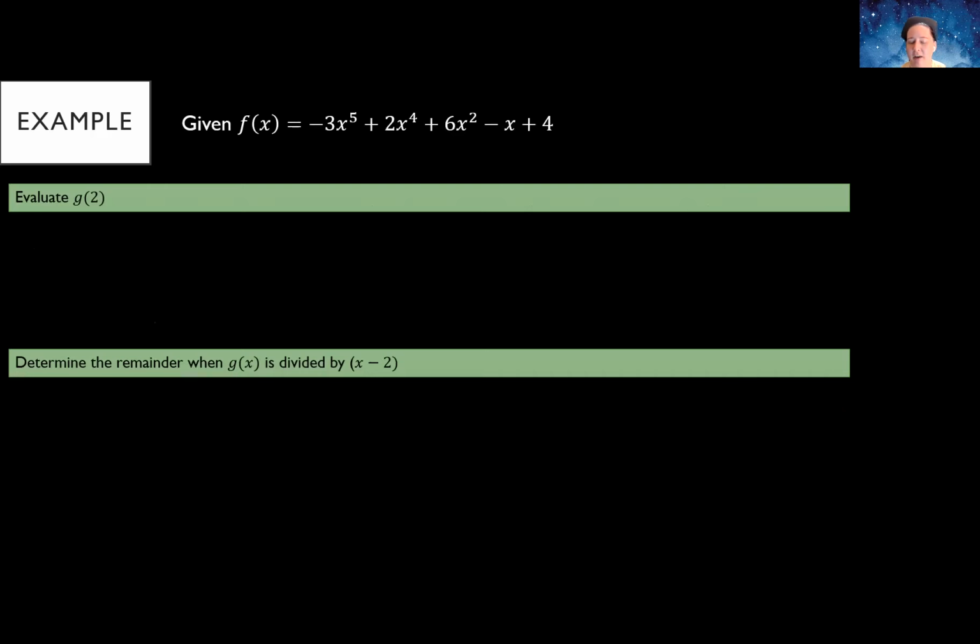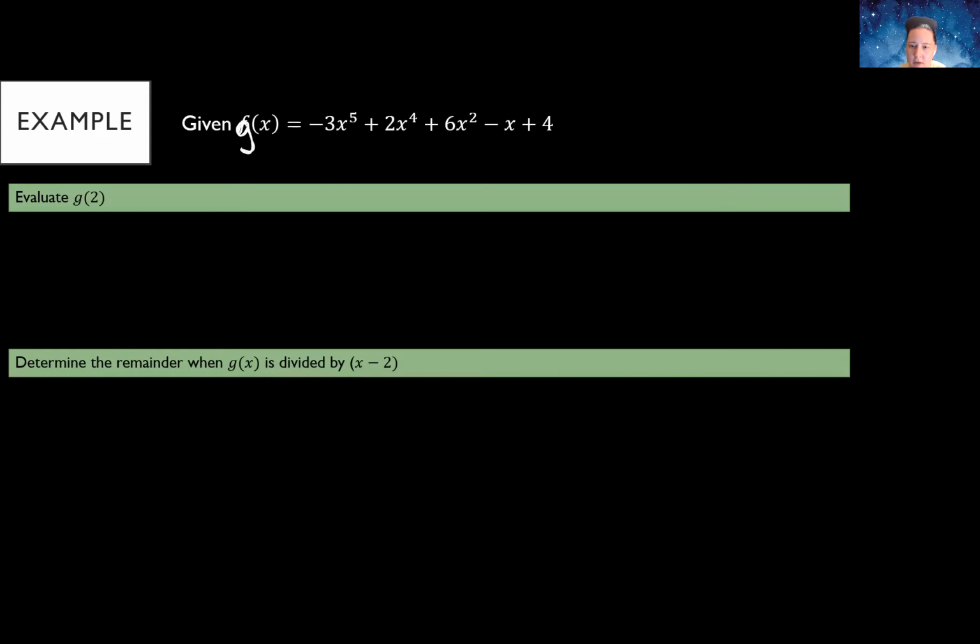So here we're actually going to be using the remainder theorem. Oops, that's supposed to say g, not f of x. This is supposed to be g of x, because I've got a value g of 2 and then the remainder one g of x. So g of x is negative 3x to the 5th plus 2x to the 4th plus 6x squared minus x plus 4.